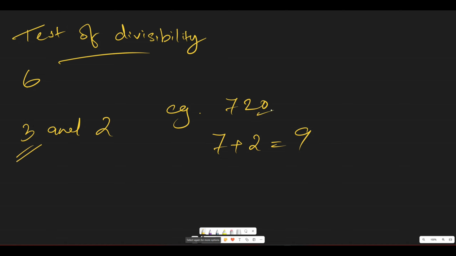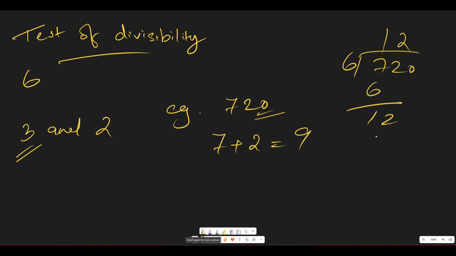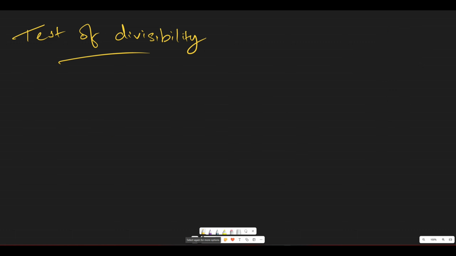And here it is a 0, so it's an even number and it can be divided by 2. So this number will be divisible by 6 also. Okay, 720 is divisible by 6. Hope you understand, guys.